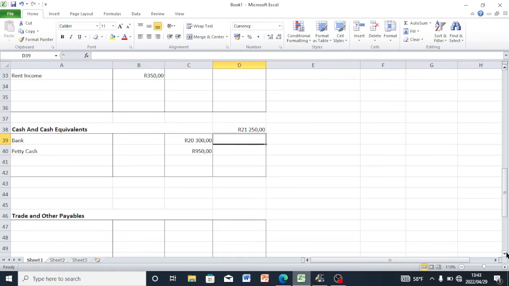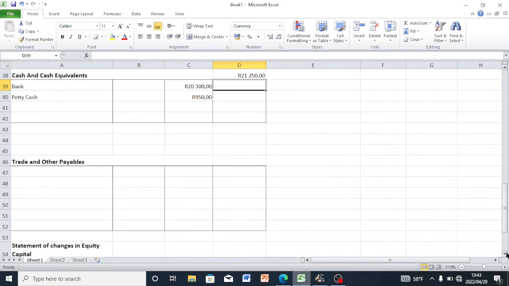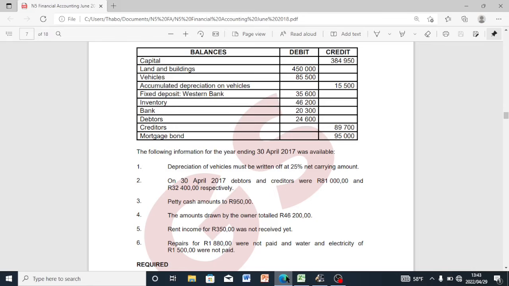So moving forward to our trade and other payables. Under trade and other payables, we are looking at our creditors, which is creditors control, which is now trade payables control. We are also looking at our accrued expenses.